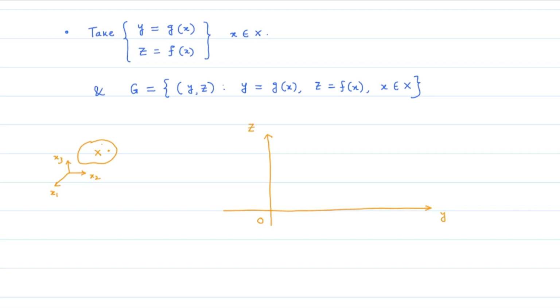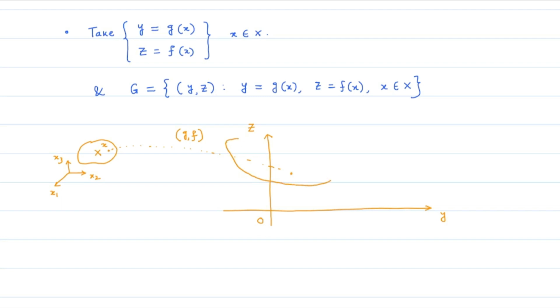Let's suppose corresponding to a chosen small x, by this map, this (g, f) map, we get a point over here, say. Now we vary this small x in the set capital X, and accordingly the collection of points as the image of this function (g, f) will give us a region, say, of this type.